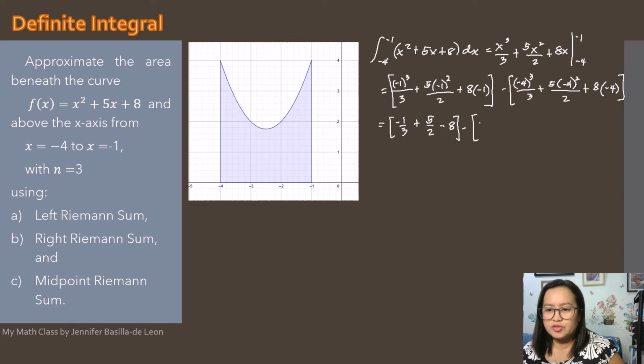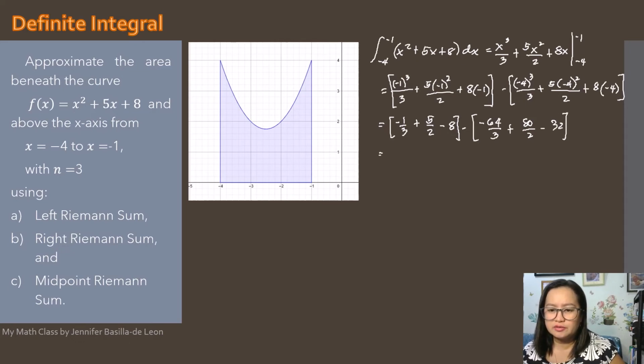For the subtrahend, we will have negative 64 over 3 plus 80 over 2 minus 32.